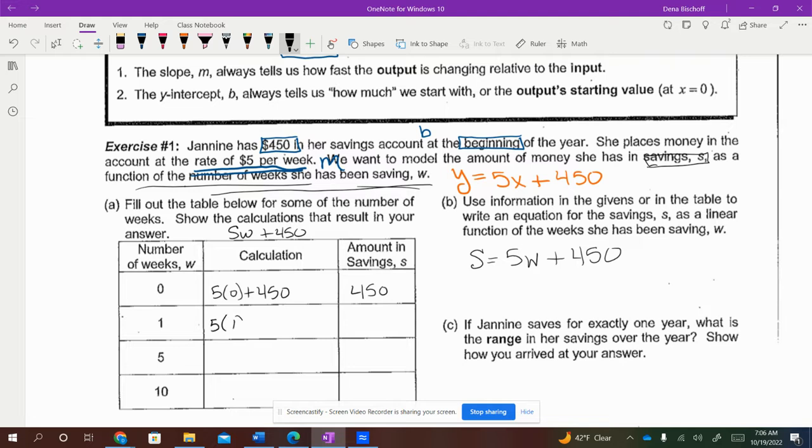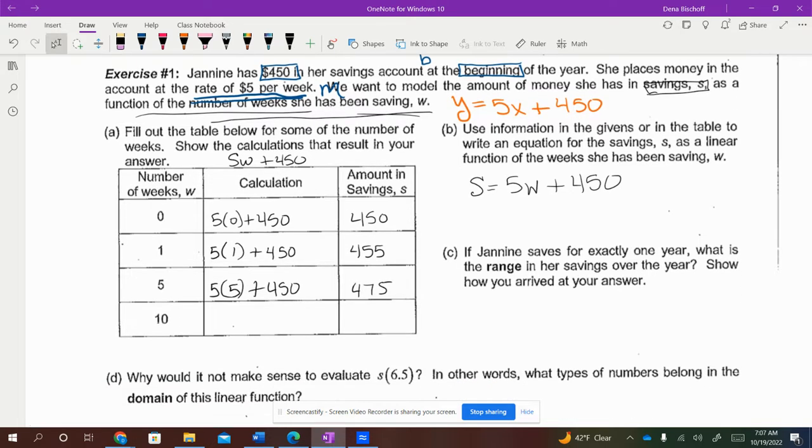If I have money for 1 week, 5 times 1 is 5, plus 450 is 455. If I save money for 5 weeks, 5 times 5 is 25, plus 450 is 475. And if I save money for 10 weeks, 5 times 10 is 50, plus 450 is 500.